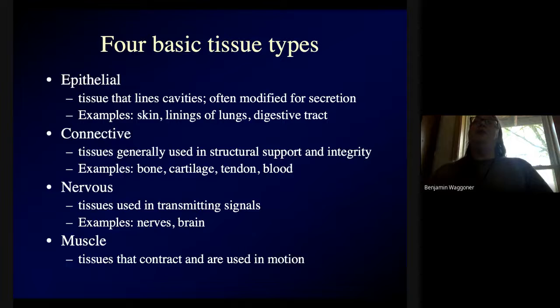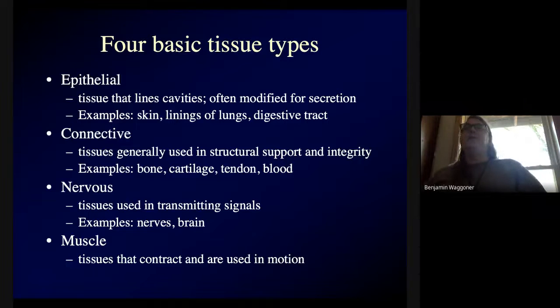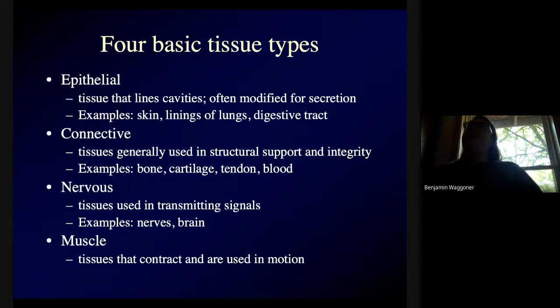Epithelial tissue can often be modified for secreting things, not just lining a cavity, but secreting stuff. So the cells in your salivary glands that produce your saliva are epithelial tissue. The cells in your pancreas that produce certain digestive enzymes, that's epithelial tissue.